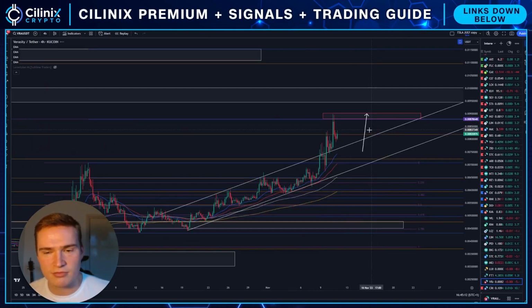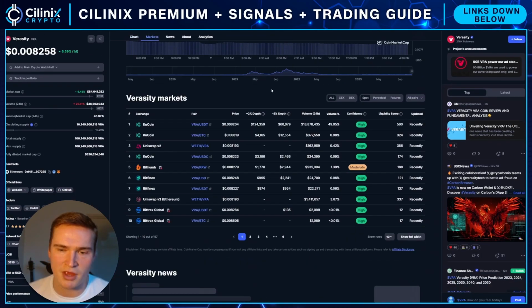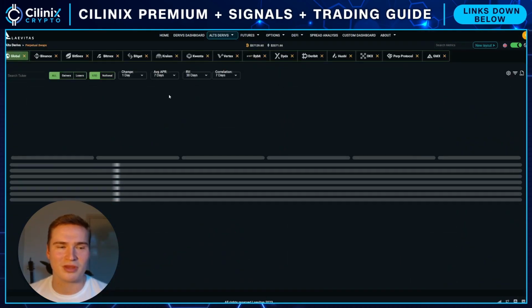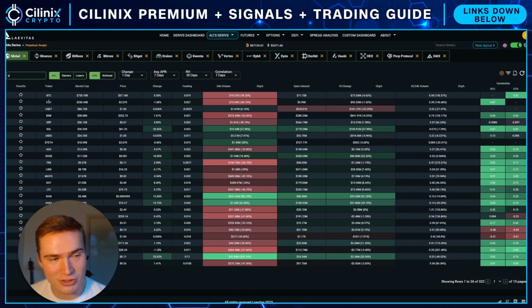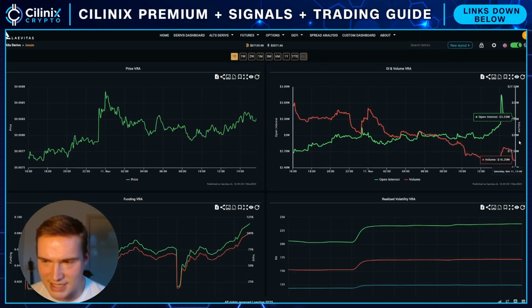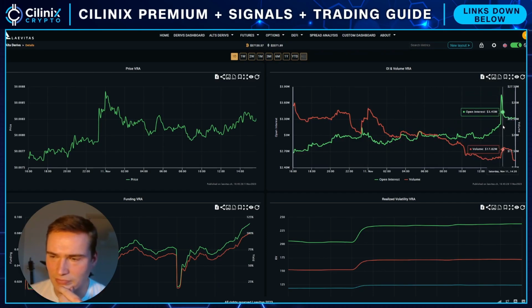Now, obviously, Verasity right now is still very bullish. There's nothing bearish about Verasity. Maybe the volume has dropped down a bit, but it's also the weekend. I mean, can you blame it? And then I also wanted to take a look at the momentum. I know we're looking at a lot of things right here, but it's necessary. So here you can see the momentum. That's a bit, I wouldn't say weird.